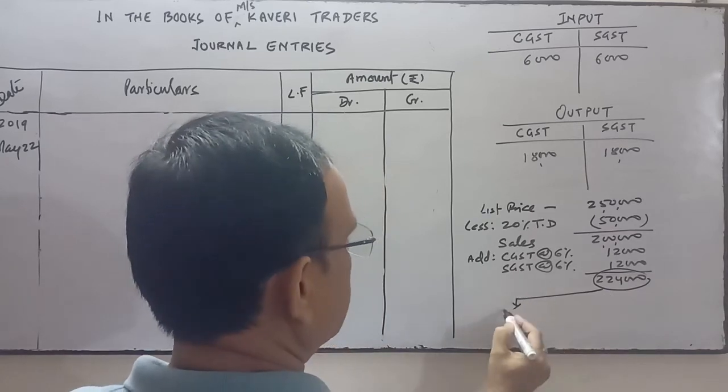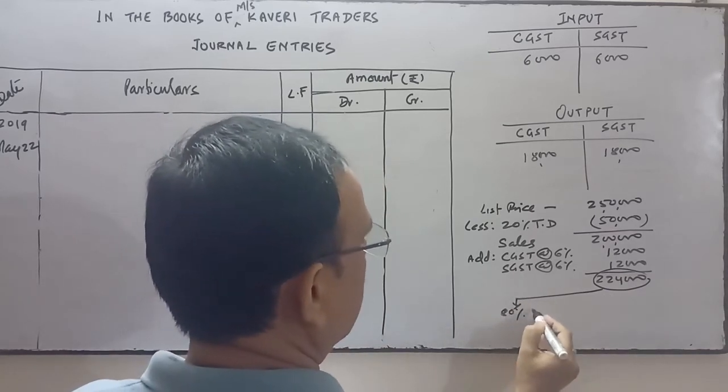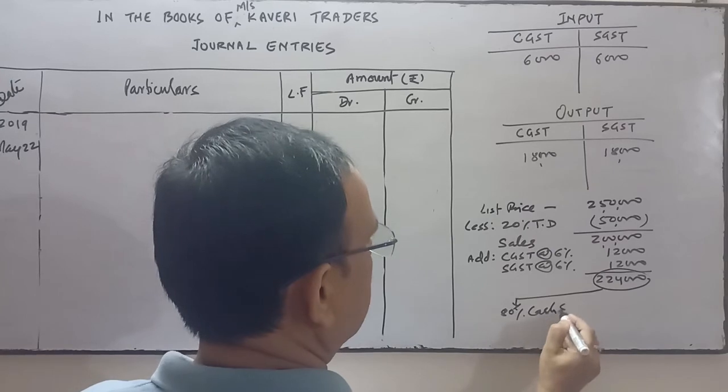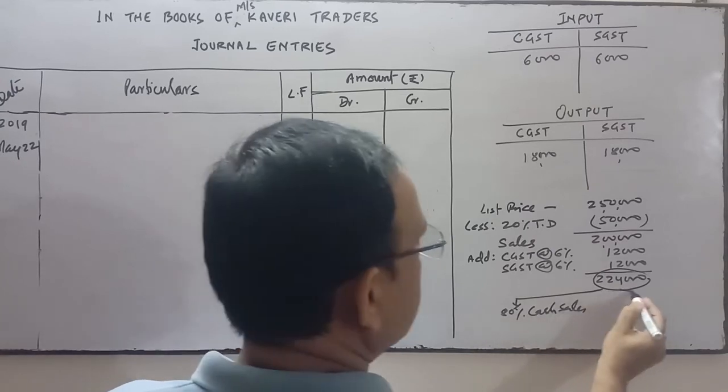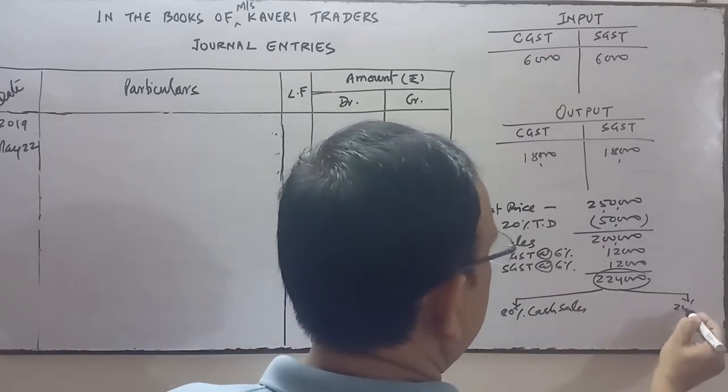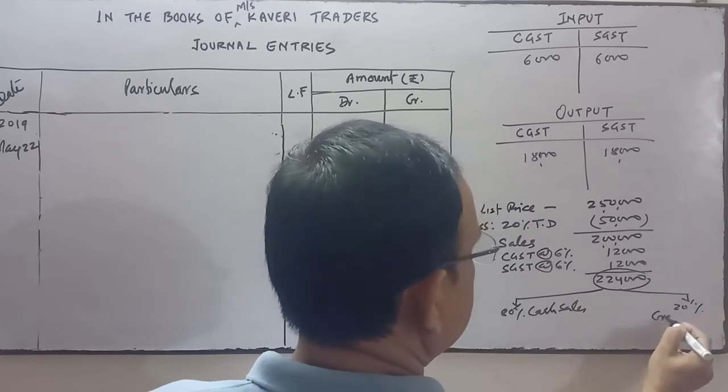So 80% is your cash sales, and 20% is credit sales.